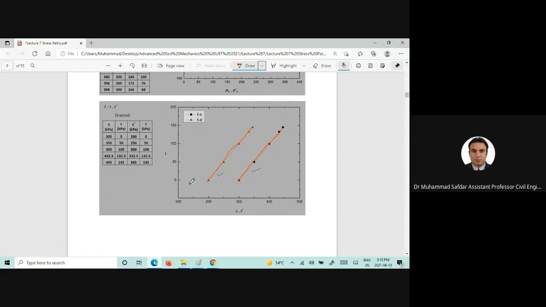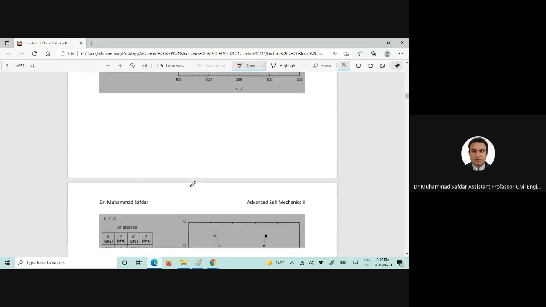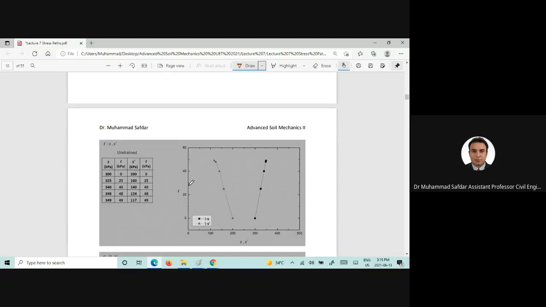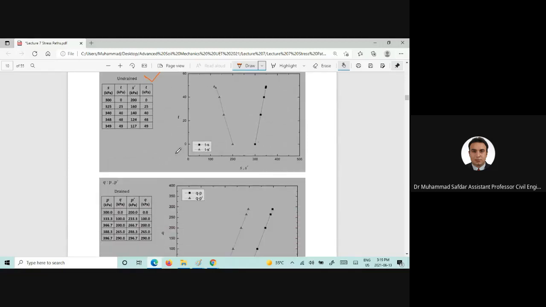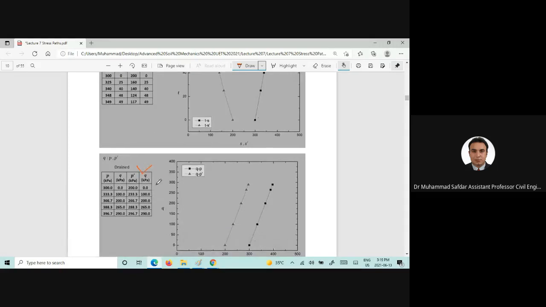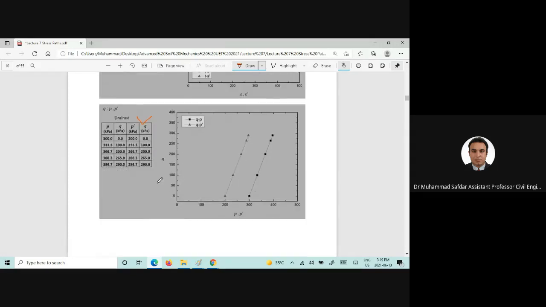So we can plot those S and T plots or Q and P as well, based upon that definition of MIT and Cambridge. Again, if you are talking about the undrained and drained condition, we can plot different stress or QP plots.